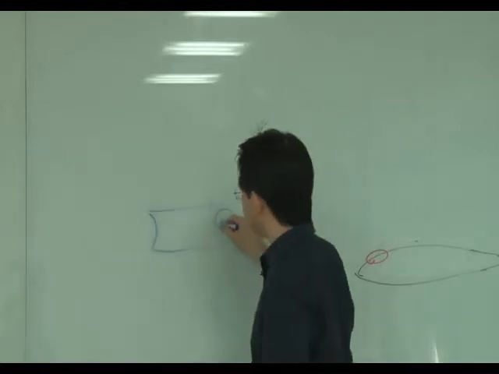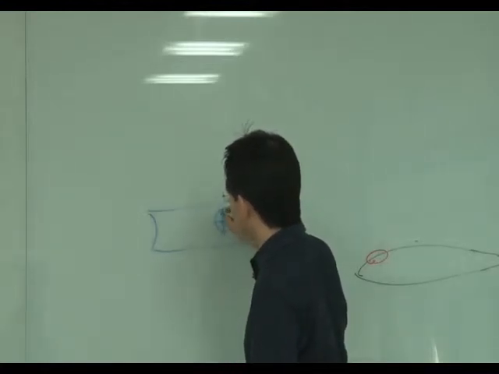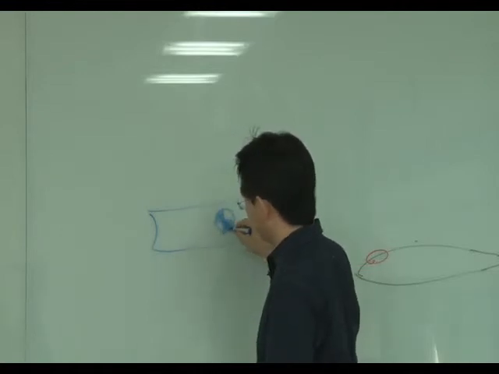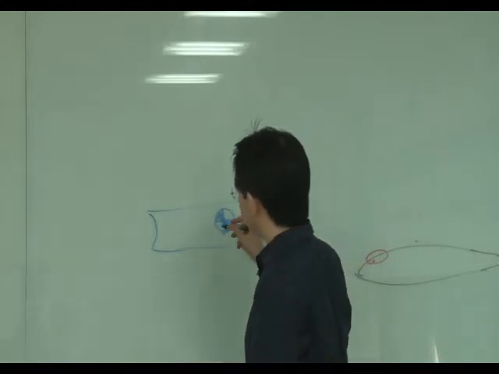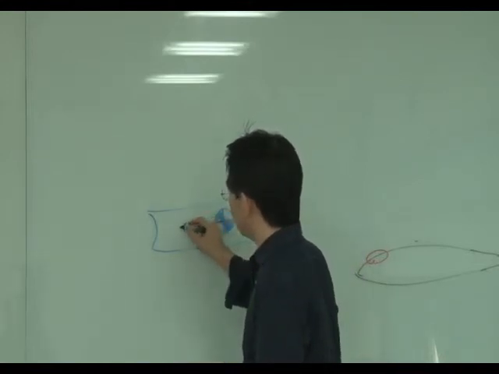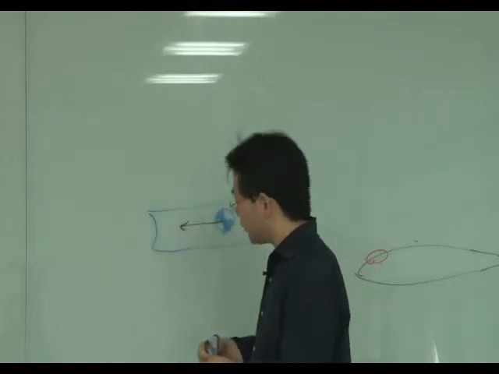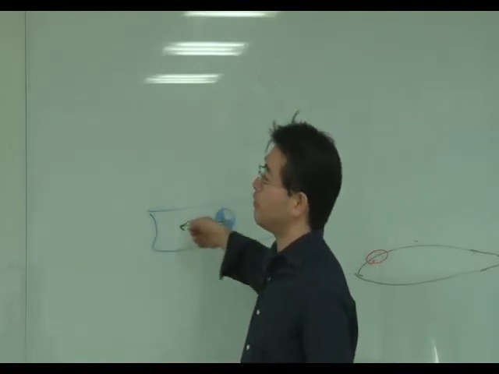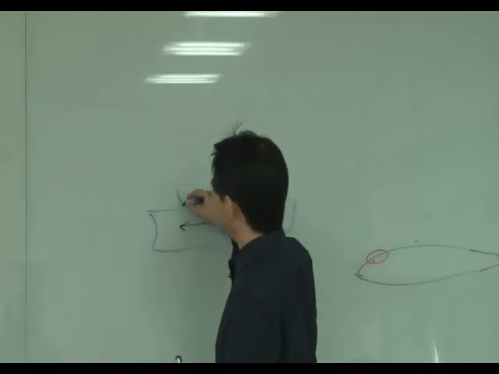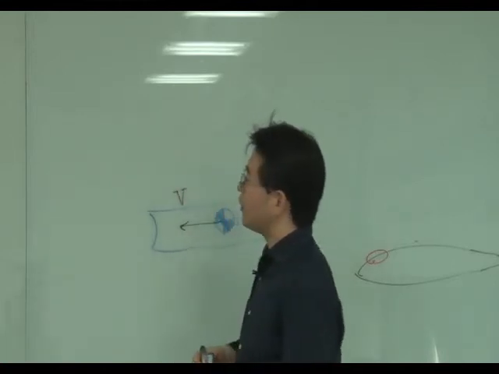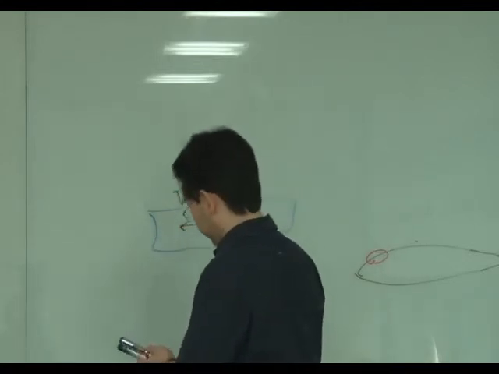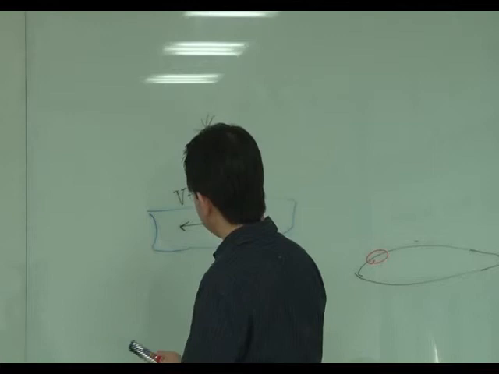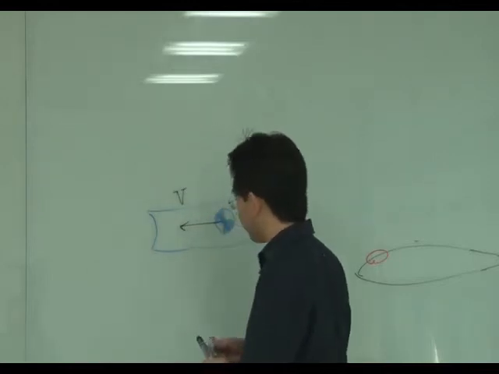In general, there is a center of gravity on the ship, and usually it has advancing motion, and it will be the vector V. And omega is the rotating motion, angular velocity motion.